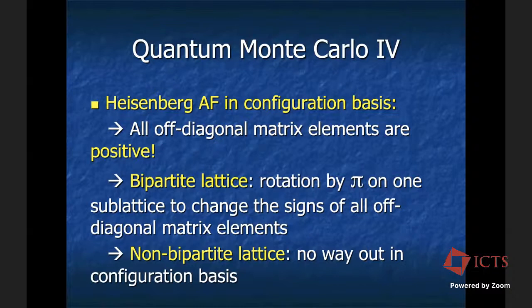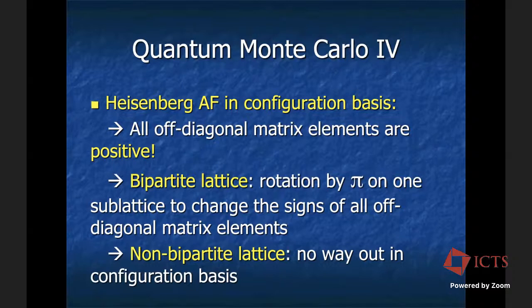But if the lattice is non-bipartite and we have an antiferromagnetic Heisenberg model, there is no way out. There is no way to reformulate the problem with only negative off-diagonal matrix elements. And it turns out that this is not just a small problem. This is a very serious problem. It's still possible to do simulations, but the error bars become larger than the signal at temperatures of order the coupling constant.